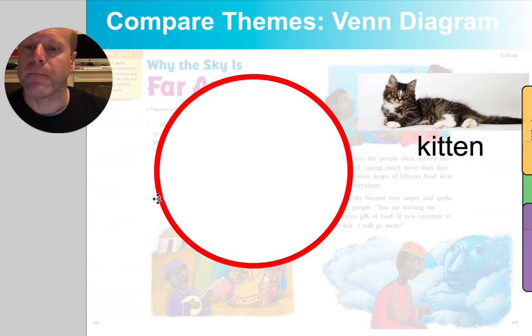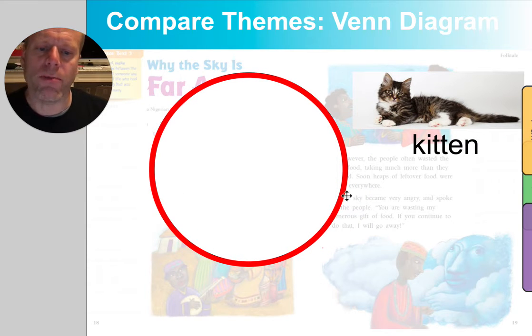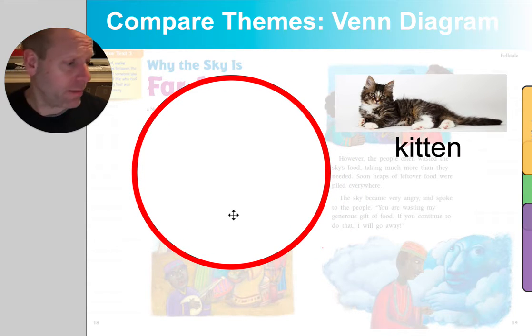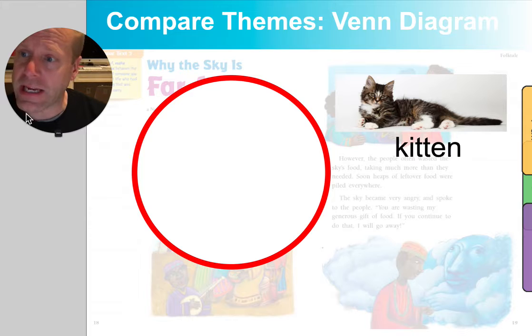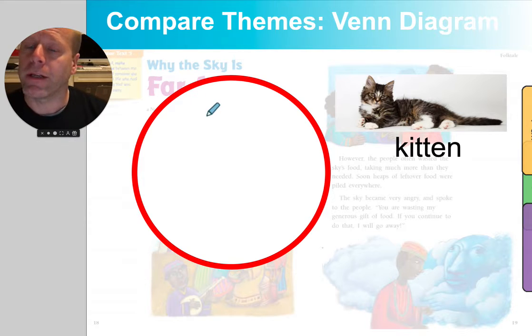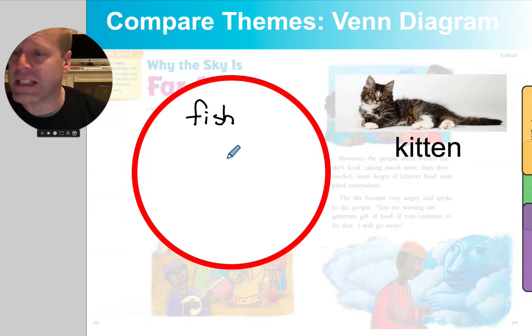All right. First, why don't you tell me some things about a kitten, right? So, first thing I'm going to ask you about a kitten is, what does a kitten eat? Yeah, cats like fish. So I'm going to write down fish. What do cats say? They meow.